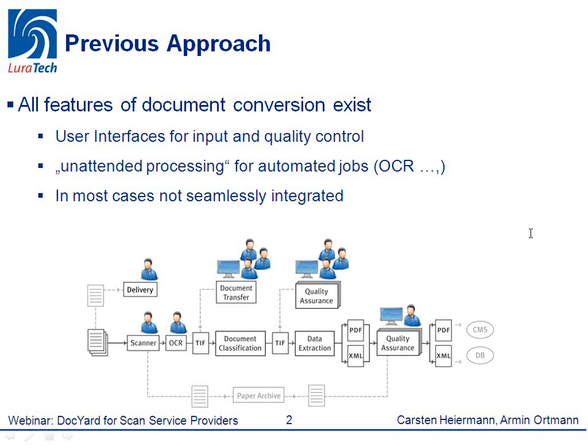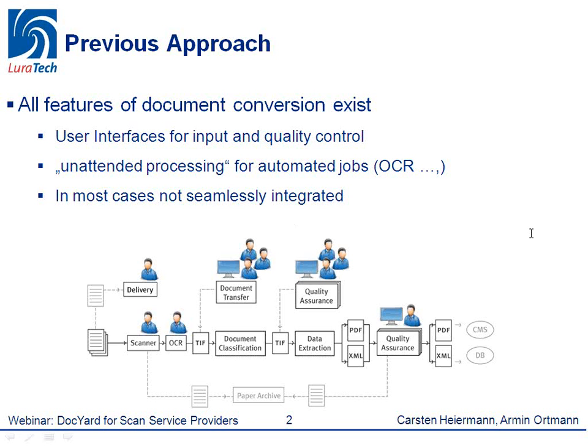But as you might see in that kind of graphic on the lower end of this slide here, these systems are normally not really connected, not tied to each other in the fashion of a seamless integrated workflow.